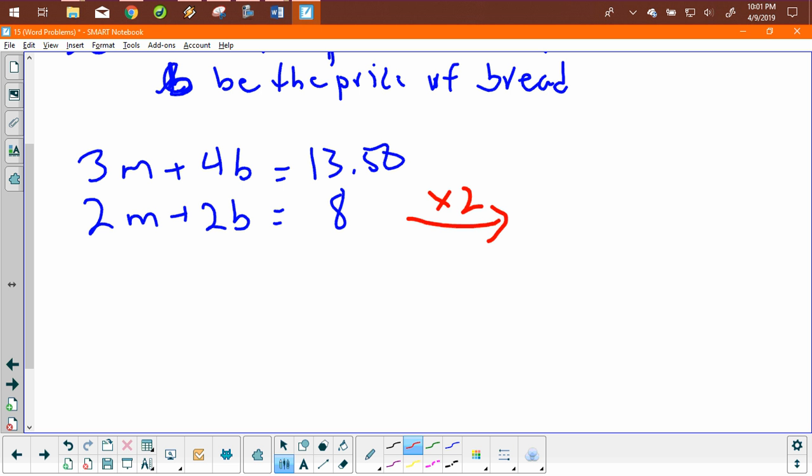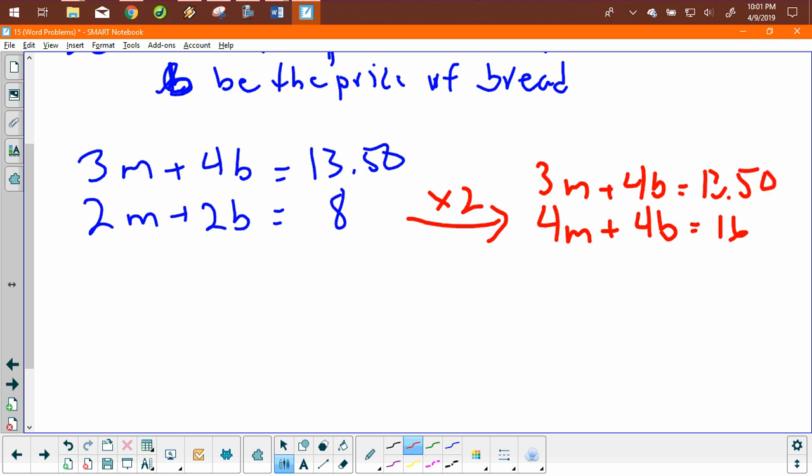Again, it'll work the same either way. So I'm going to double that equation. So I now have 4M plus 4B is equal to 16. And my first equation, I got 3M plus 4B is equal to 13.50.